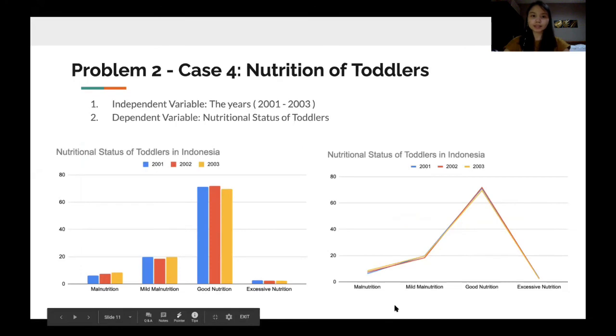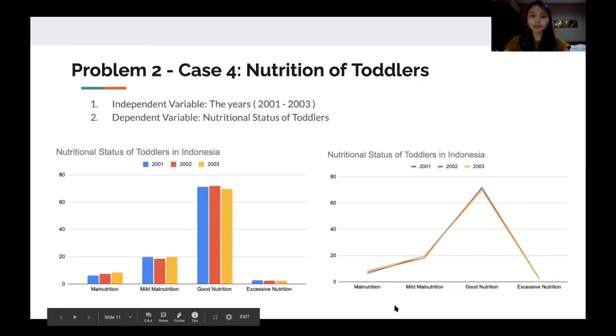So the next case explains about the nutrition of toddlers in Indonesia, with independent variables being the years and the dependent variable being the nutritional status of the toddlers. From the graph, the majority of the toddlers in Indonesia have good nutrition at roughly 70%.